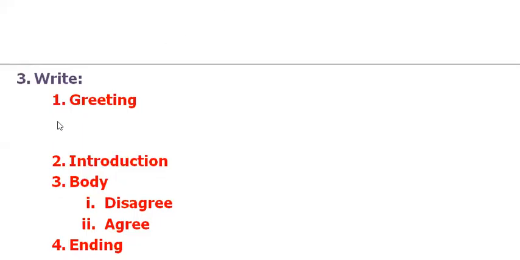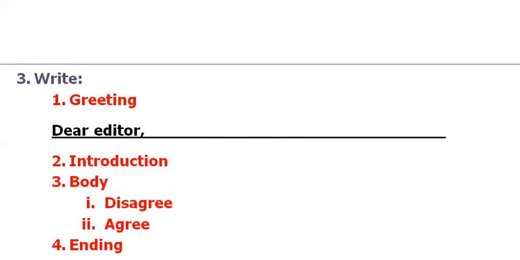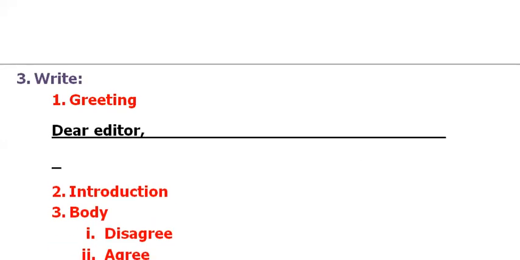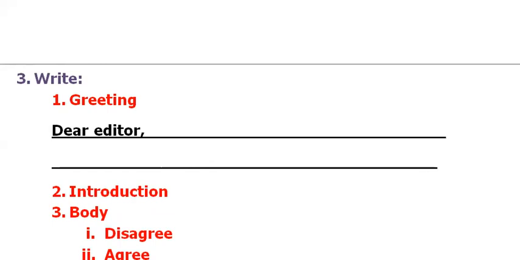So now that we know who we are writing for in this task, we can go ahead and put that down. Dear editor, comma, and then you're going to leave that page blank. Don't write anything else there. And you will continue on the next page, beginning with your introduction. But that is all you write up here for the greeting.